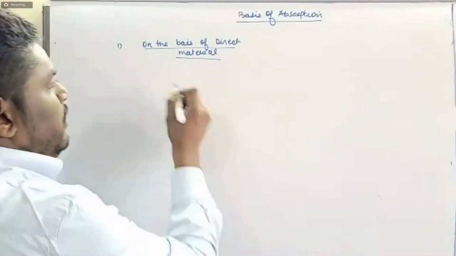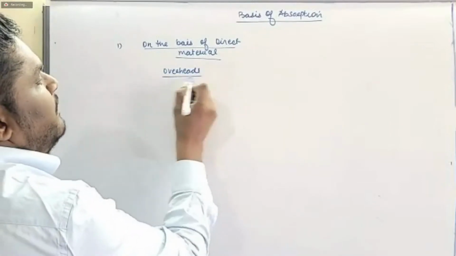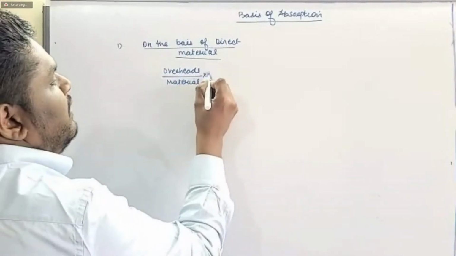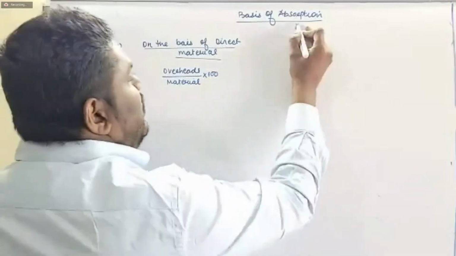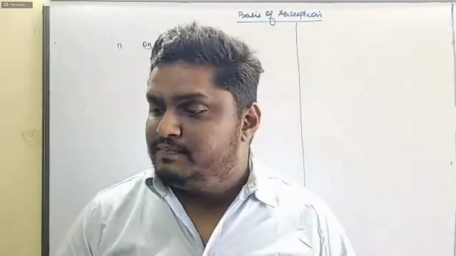Now, when talking about the formula, we can simply say total overheads divided by total material into 100.